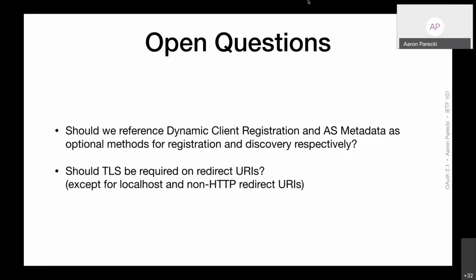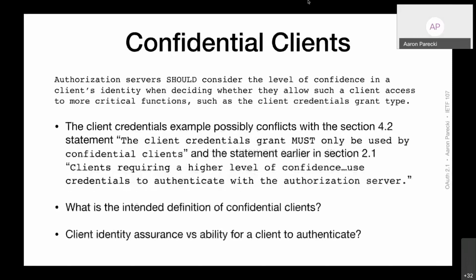It was originally not required because in 2010 and 2012, it was much more of a burden to deploy TLS. So that's something that has also changed in the environment since then. However, that would be a change from the core.